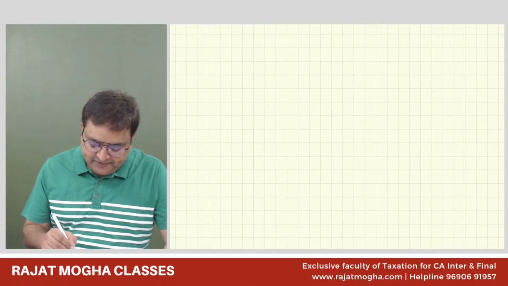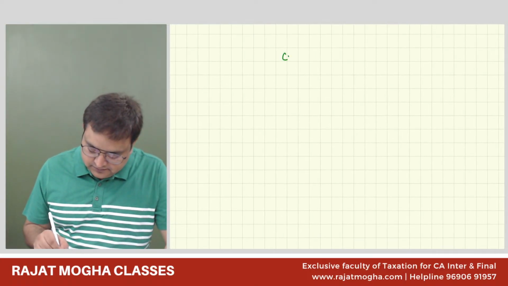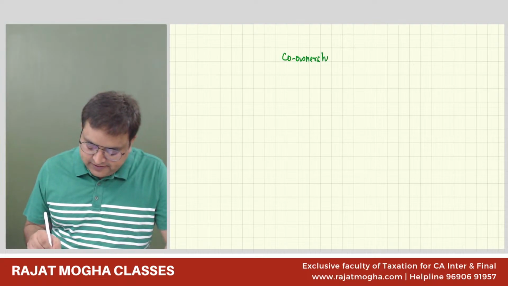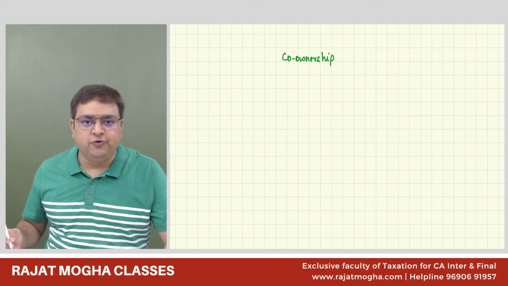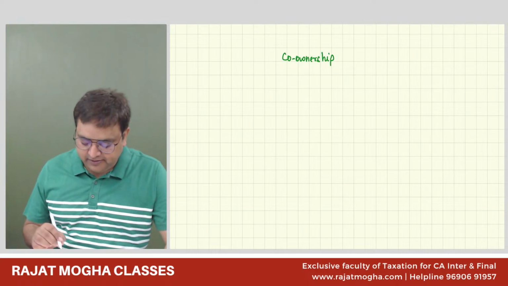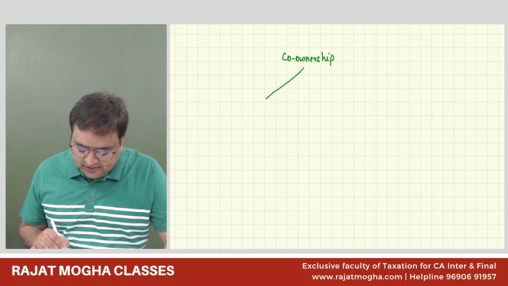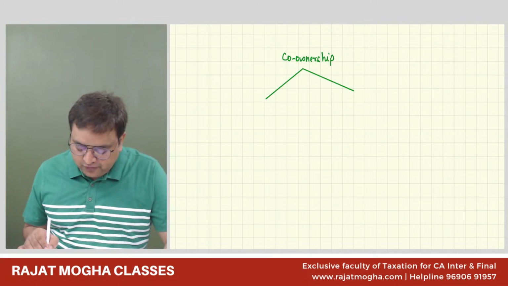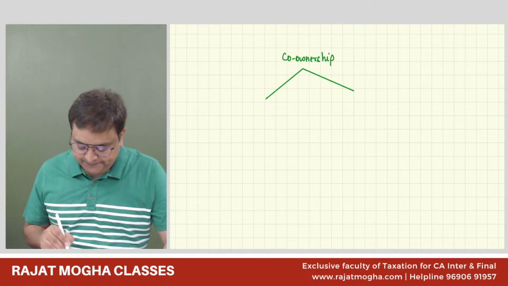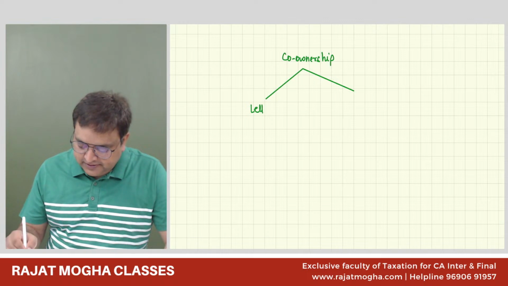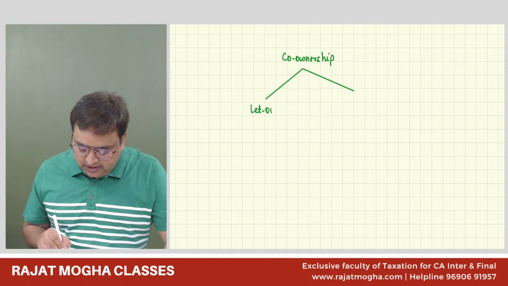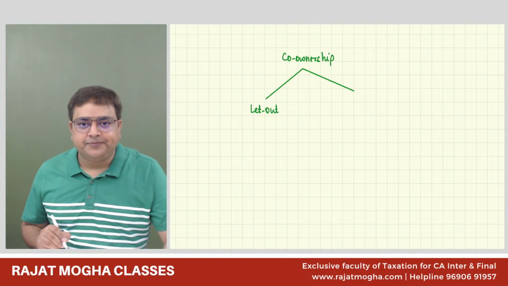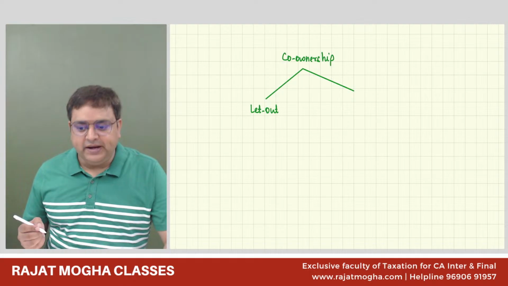But for co-ownership, please remember, whenever the person is a co-owner, that is, there are more than one owner, in that case you have to see whether this property is let out or whether this property is self-occupied.